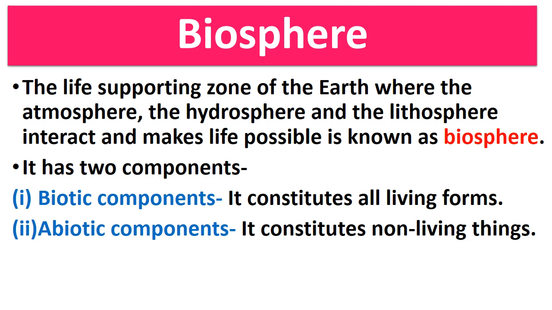Now this biosphere has two components. What are those two components? Biotic components and abiotic components. Biotic components constitute living forms, whereas abiotic components constitute non-living things. So this was about biosphere.